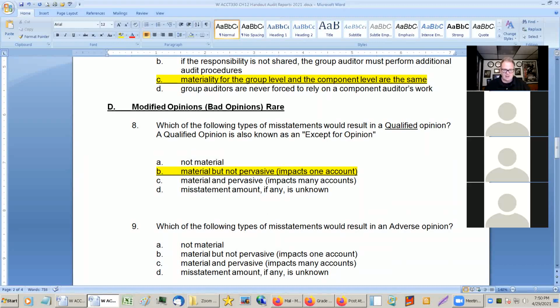It says everything is okay, and then they'll say, except for, and it'll be the bad stuff. So qualified opinions are also known as an except for opinion. The reason being is that the way it's written up, it'll say, these financial statements are fairly presented, except for, and then they say the bad stuff. A lot of times it's slang, or whatever you want to call it, but you'll hear that they got an except for opinion. That's a qualified opinion.